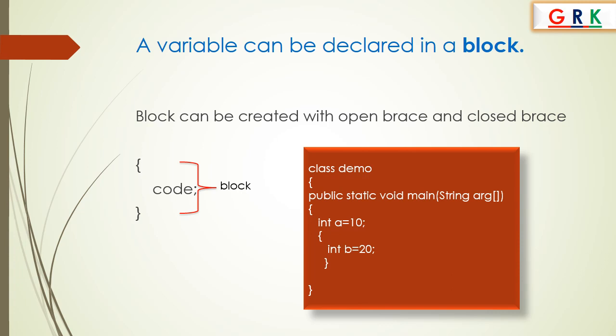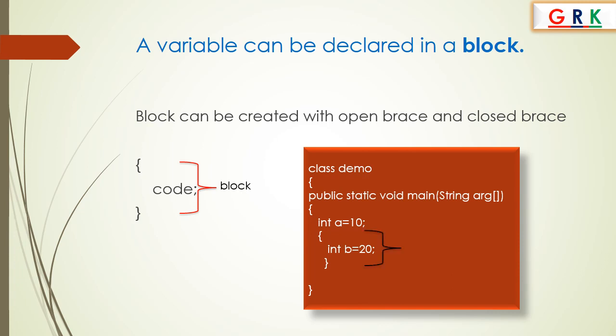In that block, I declared one variable b, its value is 20, and that variable can be accessed only in that block. Out of the block it cannot be accessed. That means the scope of the b variable is only within that block.